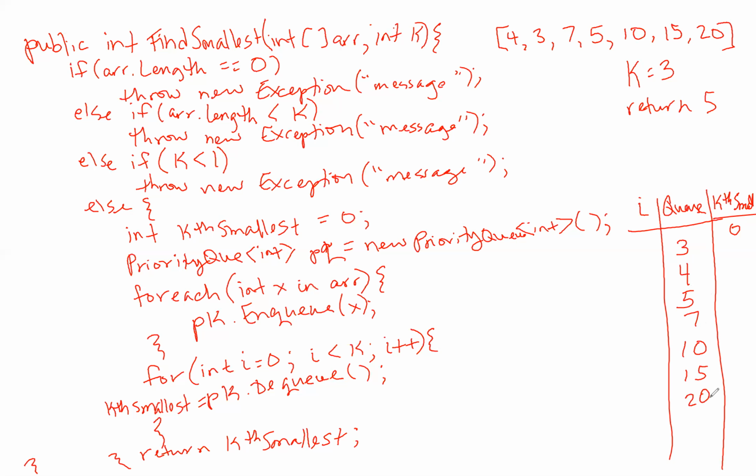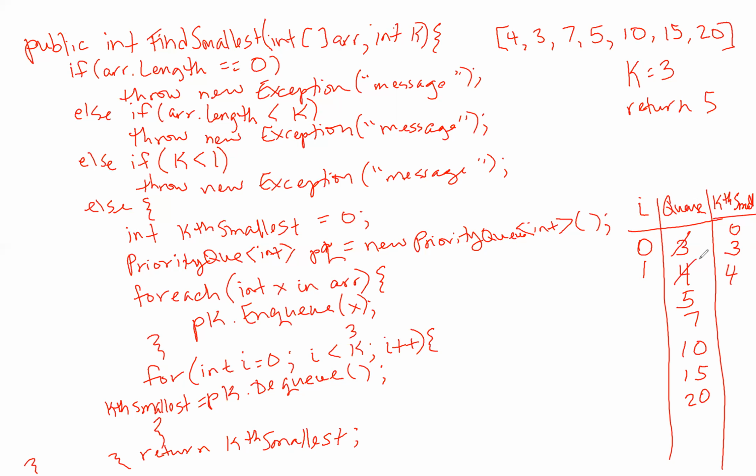Now we're going to go through our next for loop that goes k number of times and dequeues. So i starts at 0, i is less than k because k is 3, and the kth smallest equals pq.dequeue. First it gives us 3. Then i++, i is 1, which is less than 3, so we dequeue again and it pops off a 4.